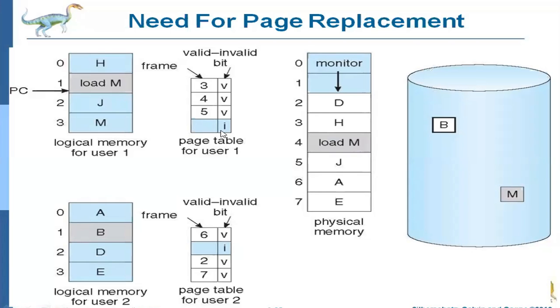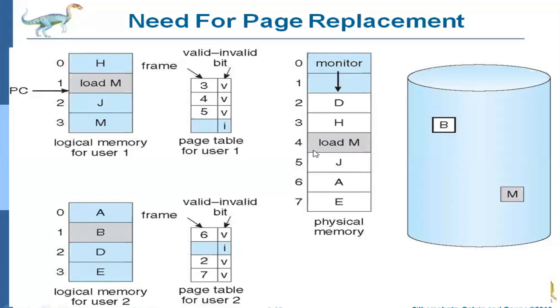If the page is not available at that location in the main memory but the CPU wants to execute that page, then the operating system will swap it into the main memory. Invalid means the particular page is not in the main memory.